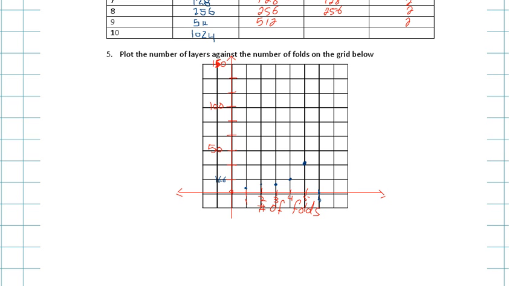And 7, I had 128. And 8, I had 256. 256 is way off my bracket.